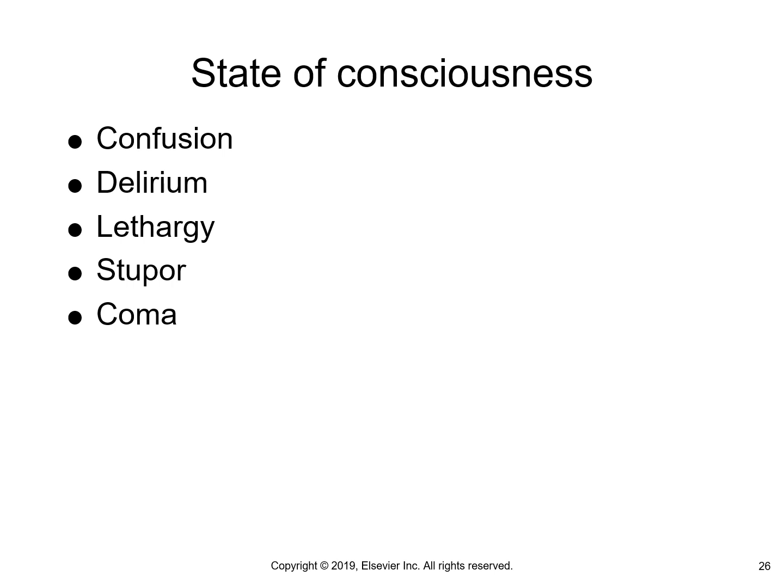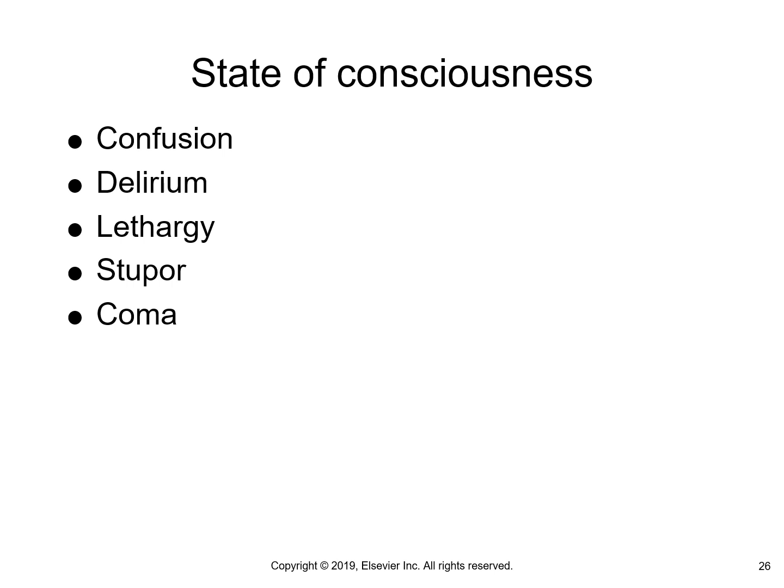Okay. What are the differences? Confusion is a disorientation to time, place, or persons, unable to answer simple or complex questions. Delirium is a disorientation involving fear and agitation.